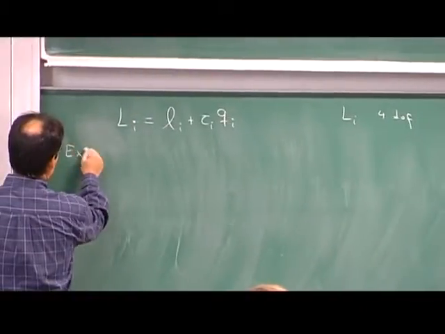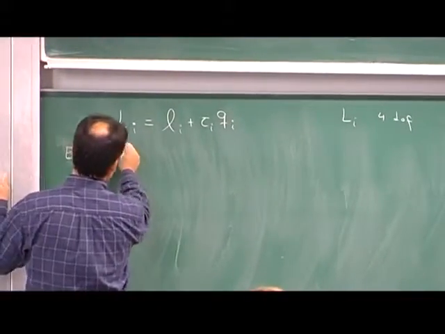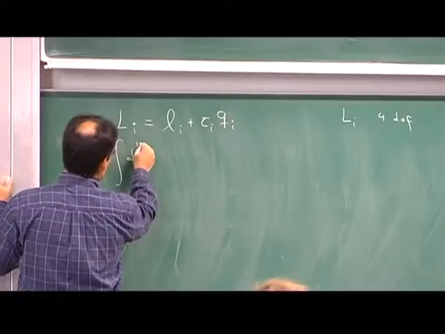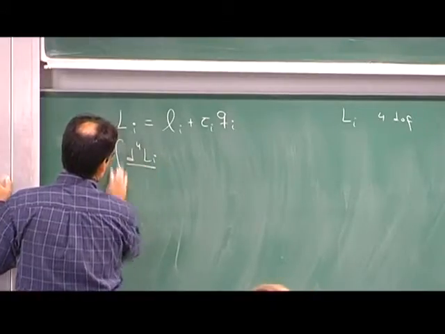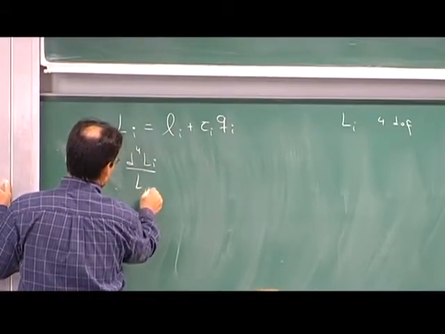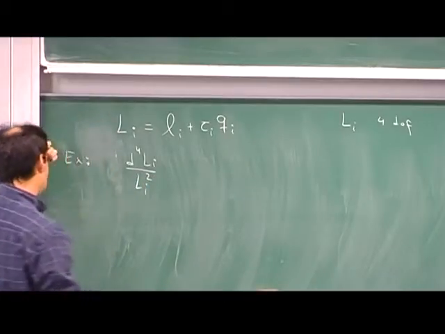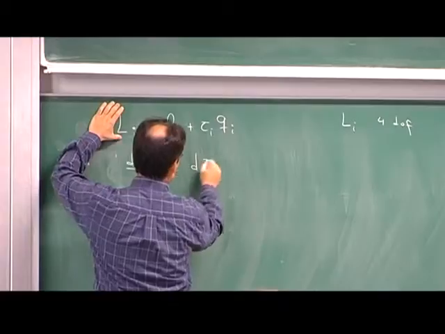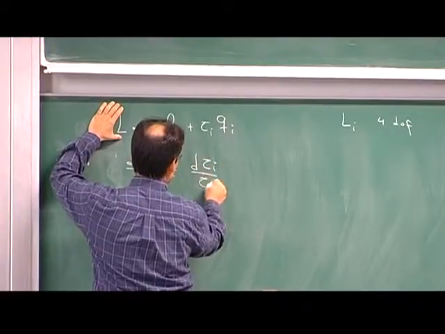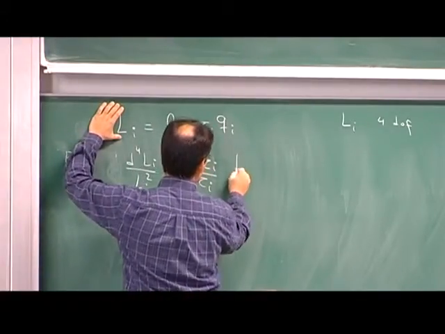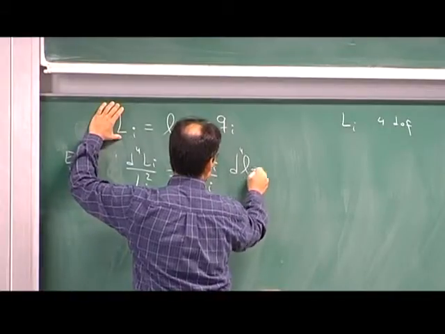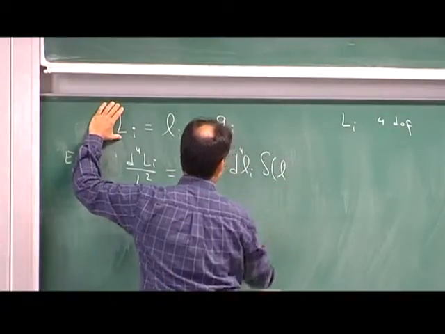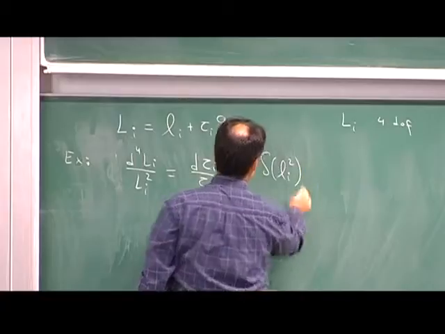Okay? So that's my change of variables. So an exercise, which is actually trivial, is the following. Show that this measure under this change of variables becomes d tau over tau times d^4 l_i delta of l_i squared.